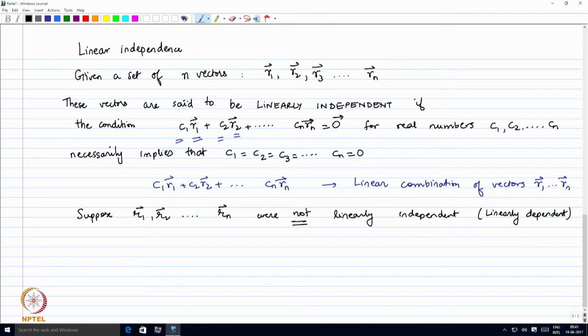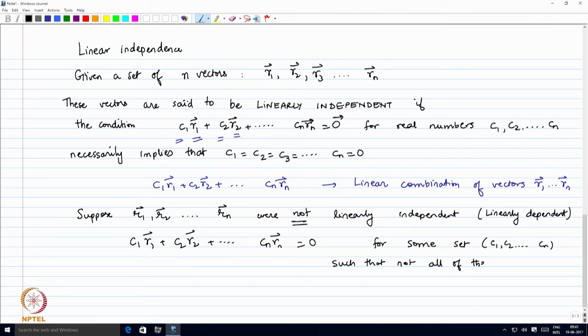Then C1 R1 plus C2 R2 plus up to Cn Rn equal to 0 for some set C1, C2 up to Cn such that not all of them are equal to 0.